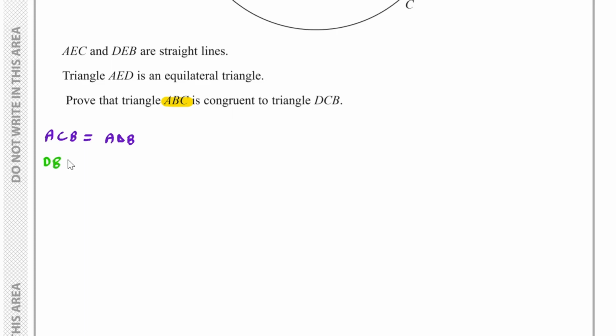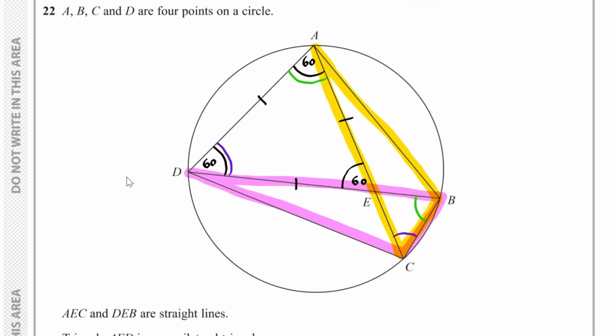DBC is equal to DAC, and we've also got ABD. So ABD, that's this angle here, is the same as the angle ACD. That's this angle over here.